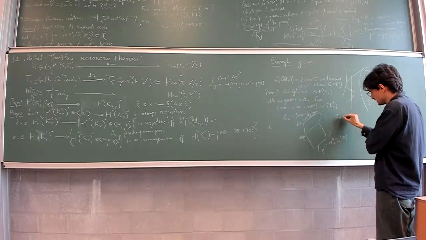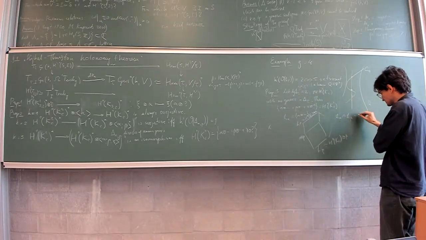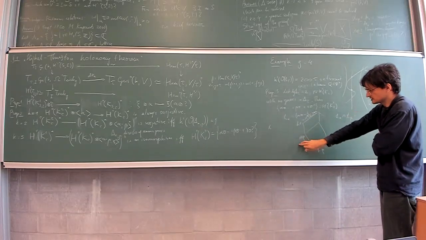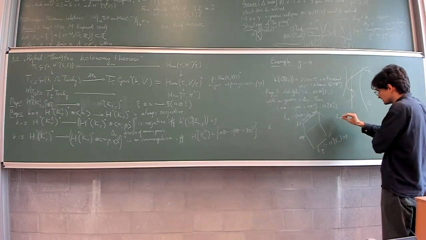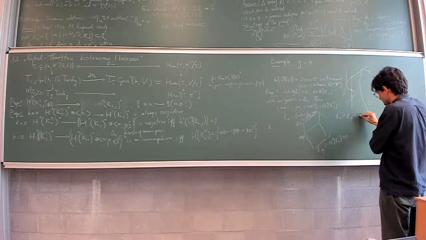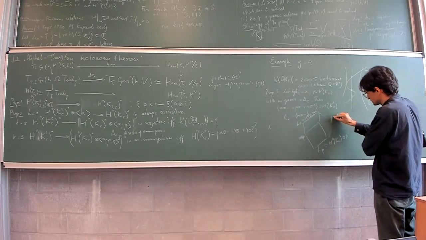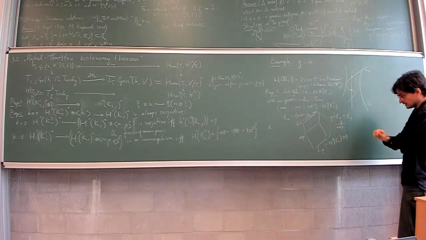And what is L alpha intersect L beta? It's the space of all quadratic differentials which have the same zeros. If we have some quadratic differential psi here, we can divide psi by alpha times beta.